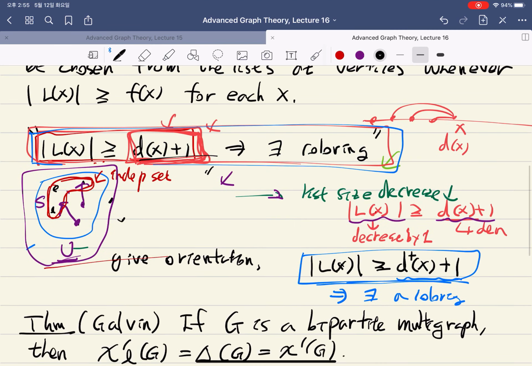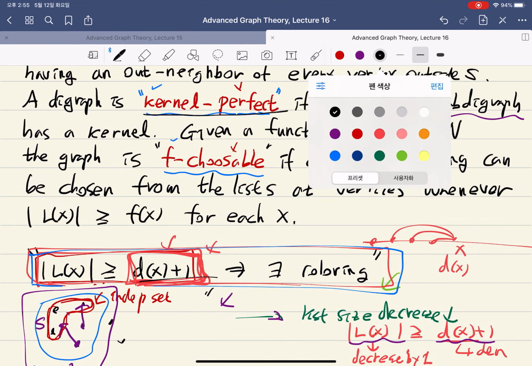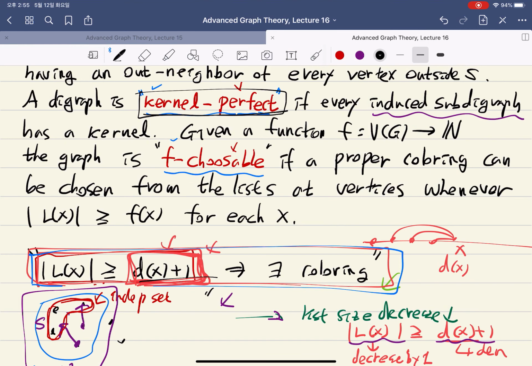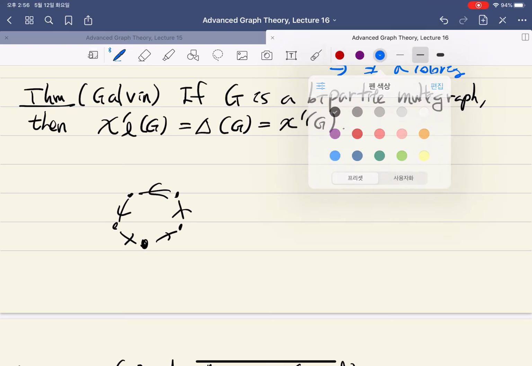By the way, not all orientations are kernel perfect, because if you simply consider some, say, directed odd cycle, then it doesn't contain any kernel.